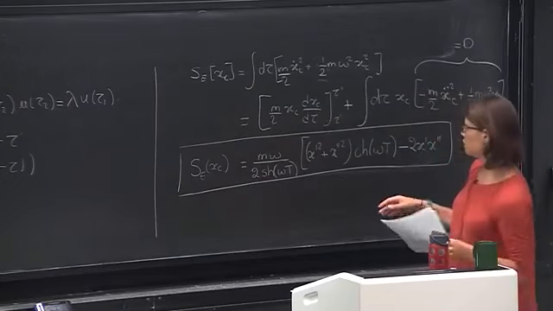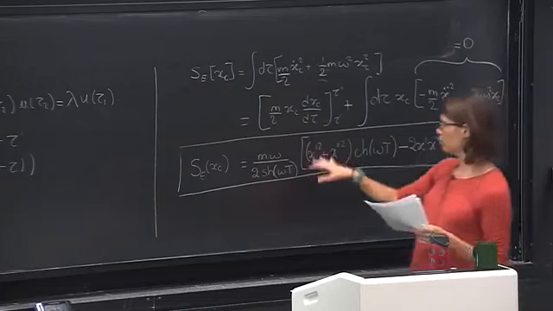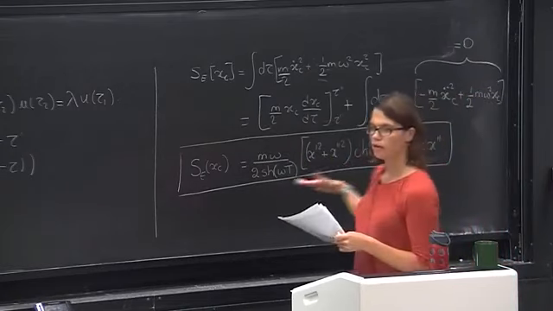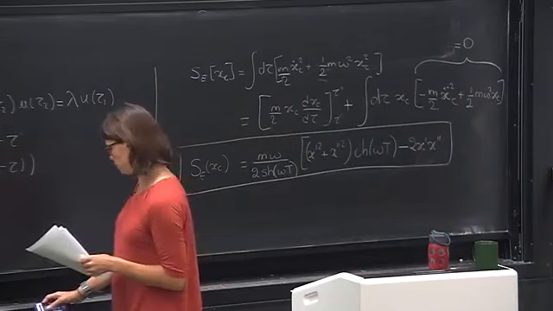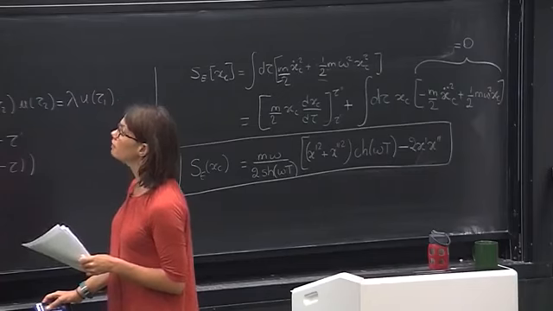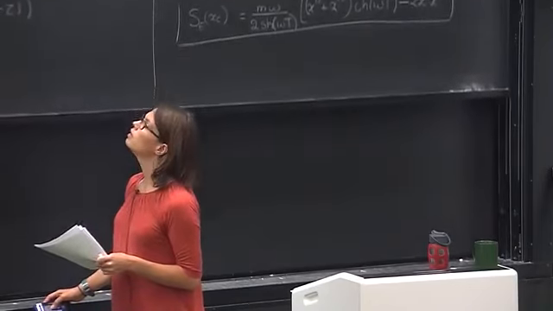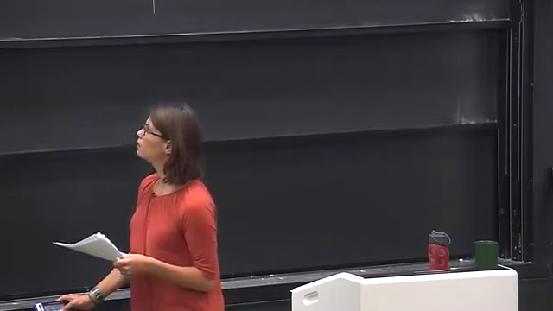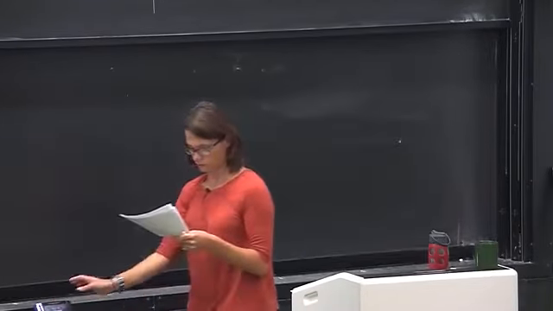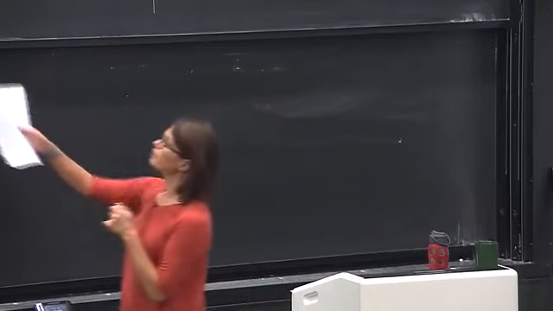And of course, you can check that when omega is equal to 0, you just recover the free particle case. Okay, so I'll let you check this. So any question now? I guess this is quite easy right now.